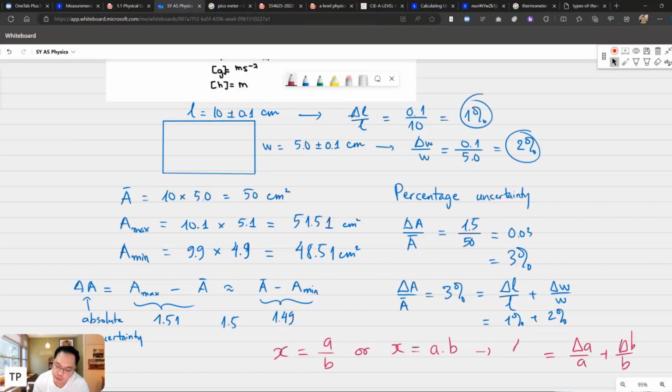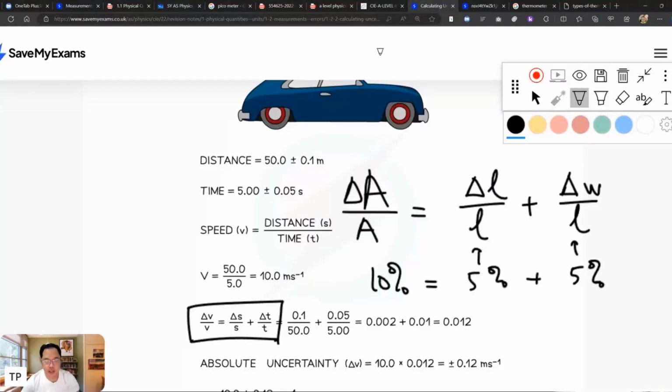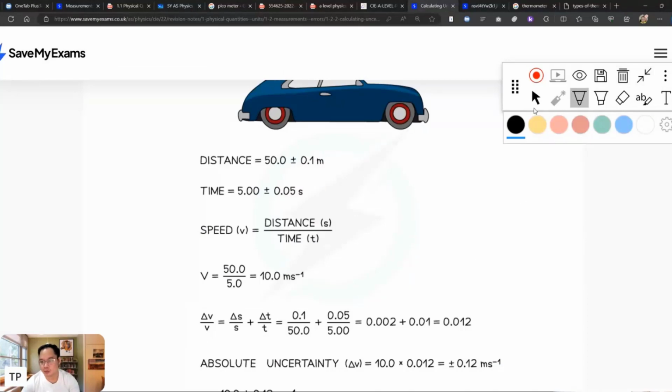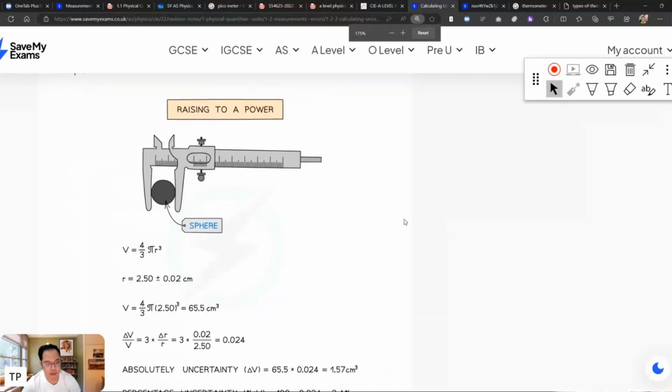For example, about the area. Later when we practice with the questions, you will see that we apply this formula a lot, and it is extremely important for paper 5 and paper 6. Hopefully we can do some examples before running out of time.